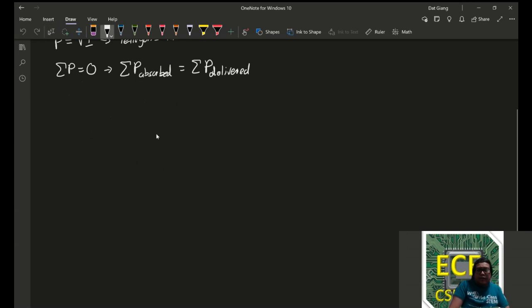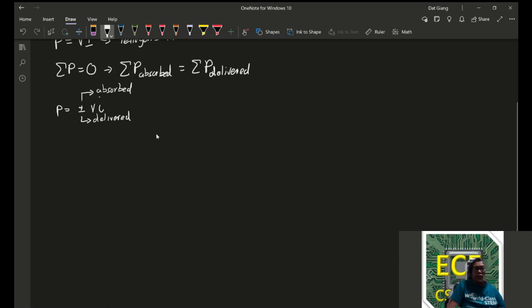Now, it's based on power being equal to plus or minus the voltage times current. Plus, as we discussed before, means absorbed, where minus is delivered.